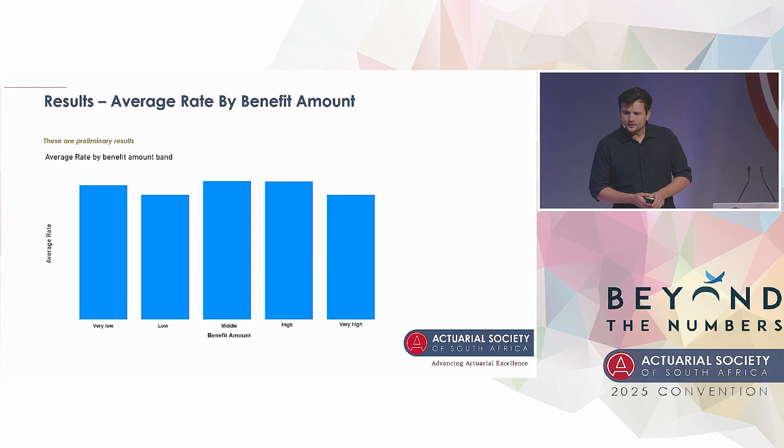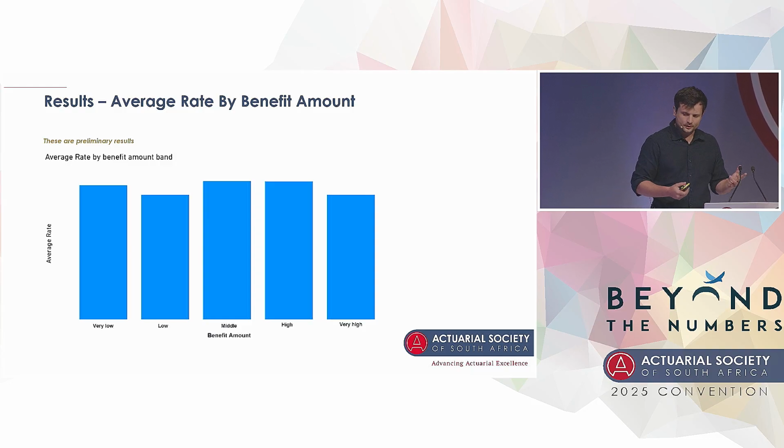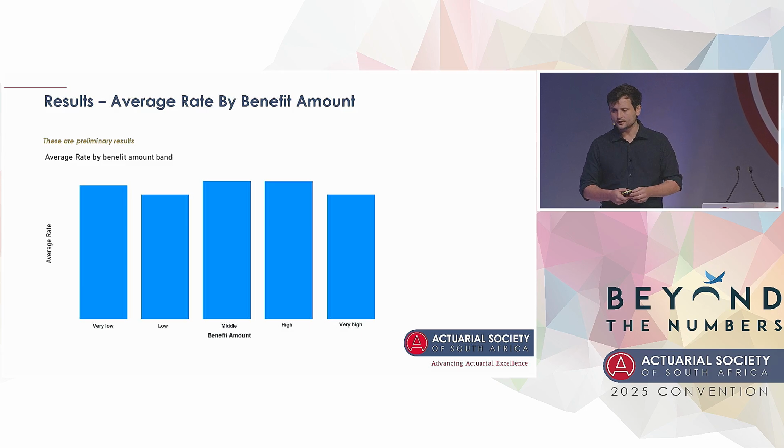Okay, so this is a bit of an interesting graph, and I thought it's comparative. I'll share some thoughts about it, but looking at these kinds of results is always a bit speculative, so bear with me. What I've done here is plot the average rate against your benefit amount, so how much you get out.